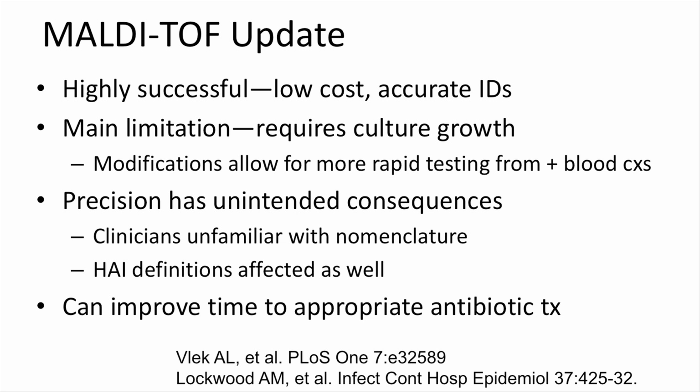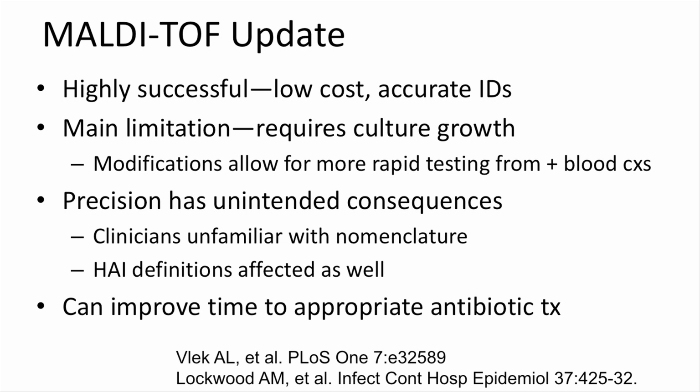Similarly, the CDC definitions for bloodstream infection didn't have many of these organisms on their common commensal list because they just fell under the wastebasket term of diphtheroid. So there have been some real changes occurring in the background to adapt to our ability to more precisely name things.